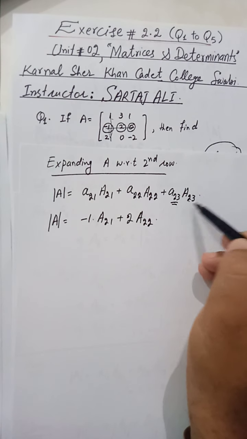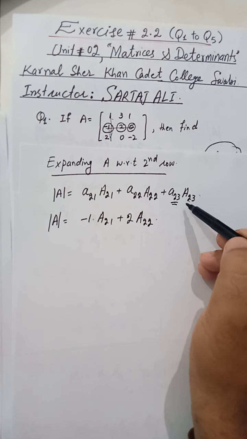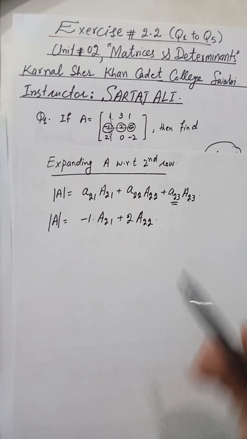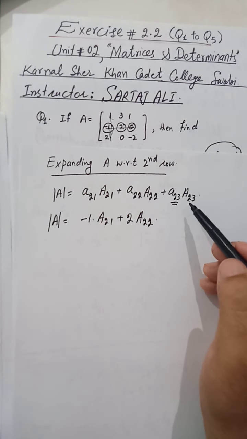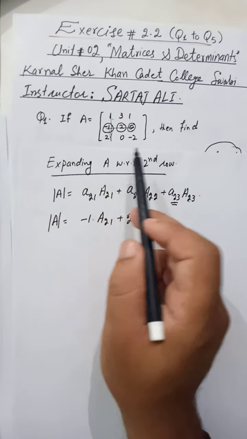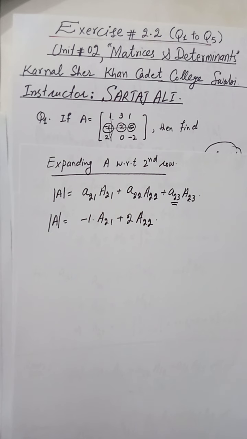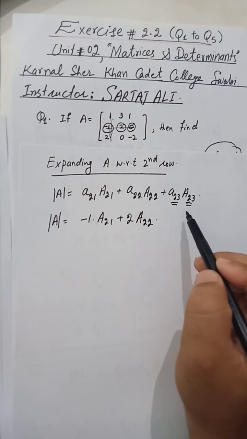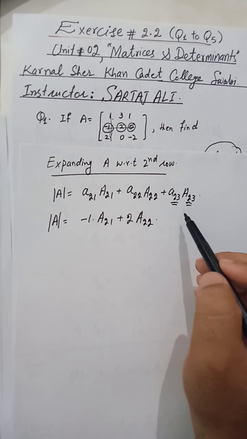So you didn't need to calculate the cofactor of the element a23 because a23 is 0. When you choose a row or column with the maximum zeros, you need to calculate less. You didn't need to calculate the cofactor A23.